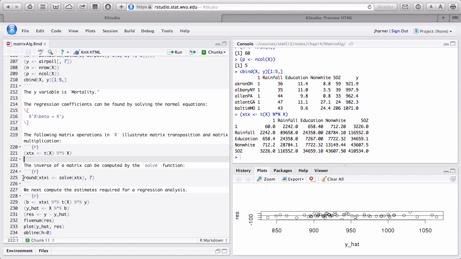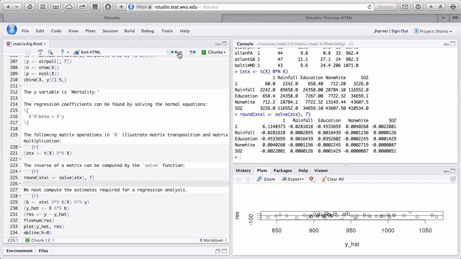And now I'm going to get the inverse. To get the inverse, we can simply say solve of x transpose x, and I'm going to get the inverse rounded off to 7 decimals. So that's the inverse.